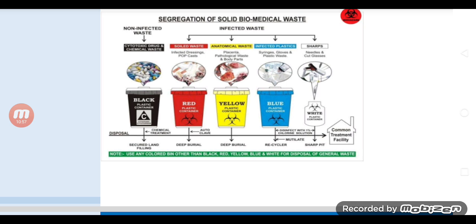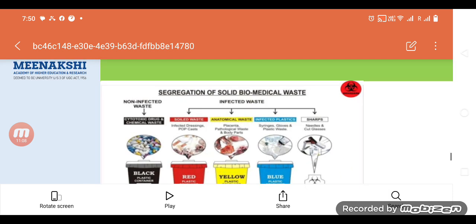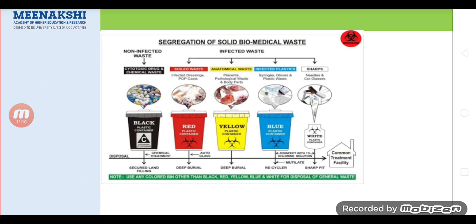So the non-infected waste, your cytotoxic drug and chemical waste, will be disposed by black plastic container, whereas infected waste can be disposed by red, yellow, blue, and white containers.